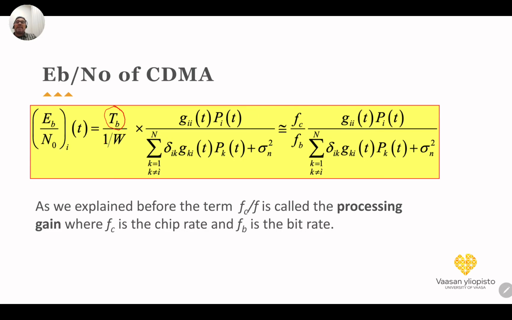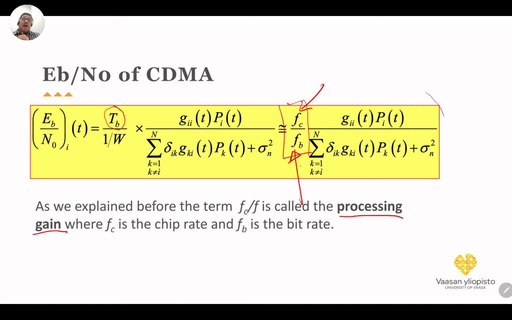Actually, this was explained in part 2. So we multiply the signal to noise ratio by Fc divided by Fb, where Fc is the chip rate and Fb is the bit rate. Fc divided by Fb is called the processing gain, also called the spreading factor.